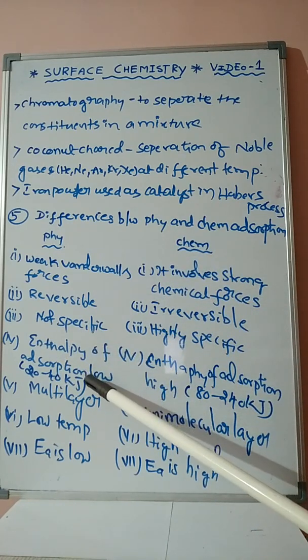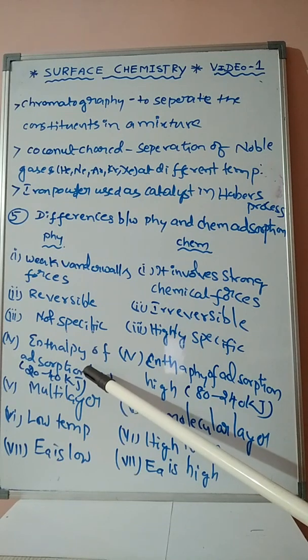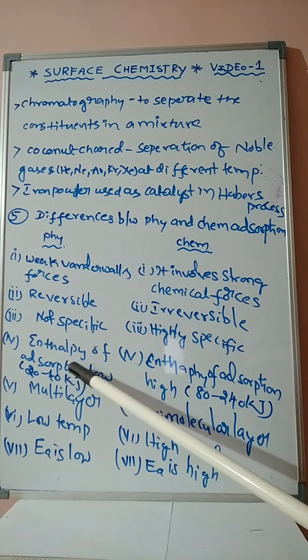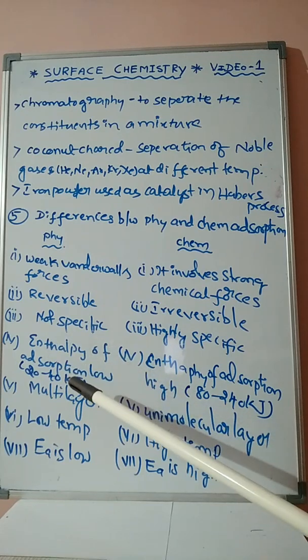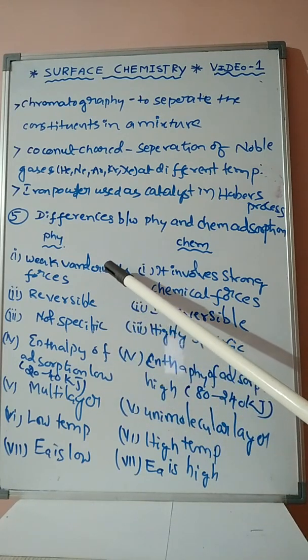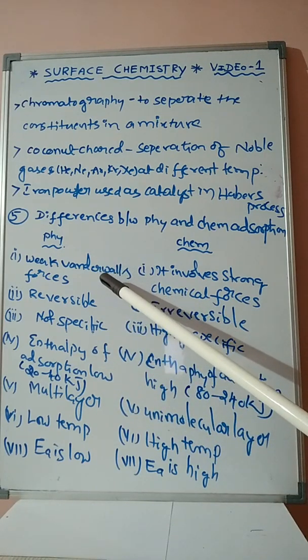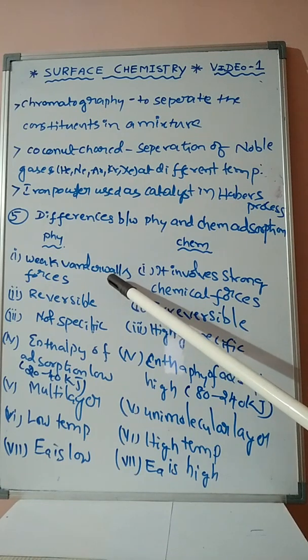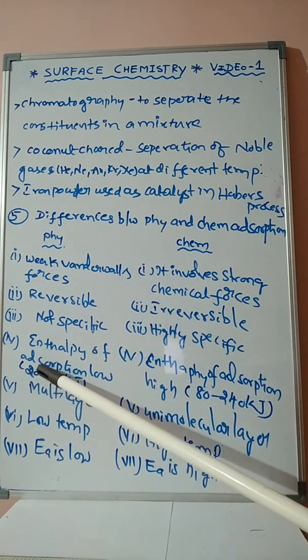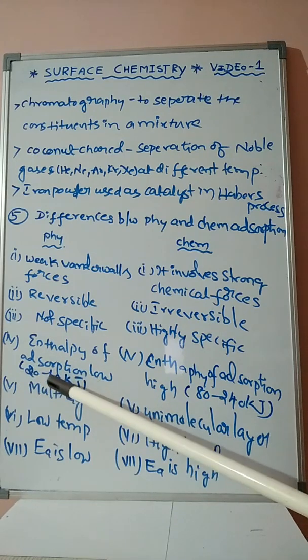Enthalpy of adsorption is low in physical adsorption. The amount of heat energy liberated when the adsorption phenomenon takes place is known as enthalpy of adsorption. It is low in the case of physical adsorption because it involves weak van der Waals forces, so very little heat energy is liberated.